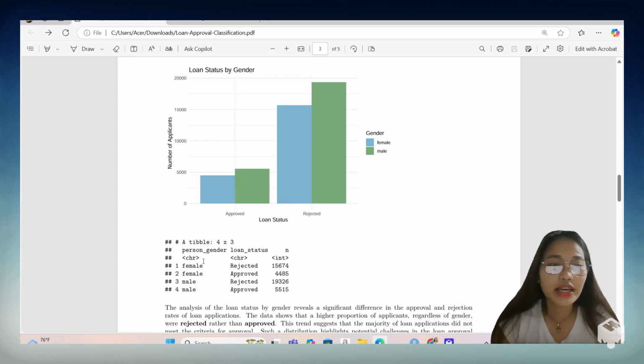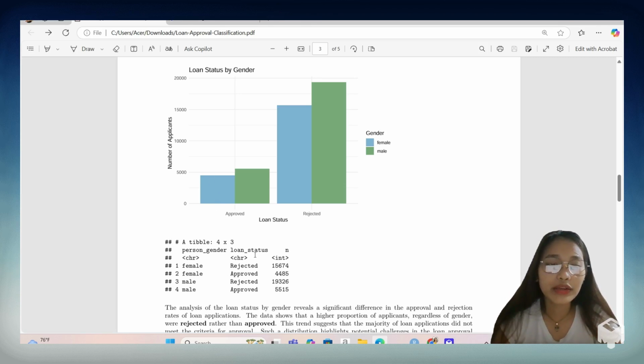Here we can see the females who got rejected, 15,674. This is the blue one. And the females who got approved, we have 4,485.